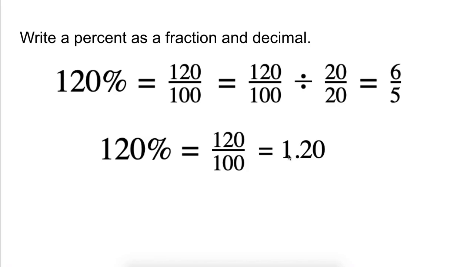We have the one whole because there's 100, and then 20 hundredths. You could put it as 1.2, but often it's better to leave it as 1 and 20 hundredths, just so we recognize that we are talking about that hundredths place when we're making the connection to percents. All right, let's look at one more.